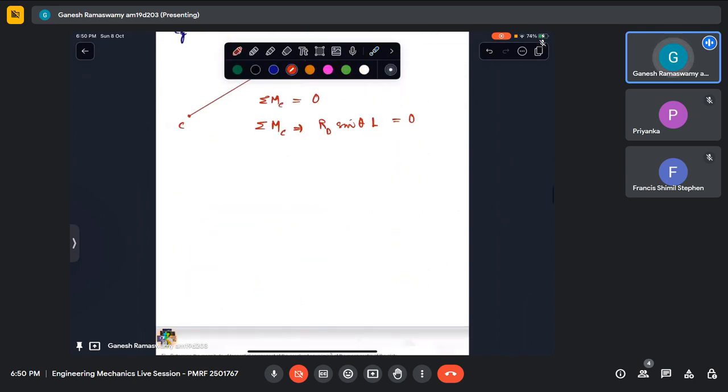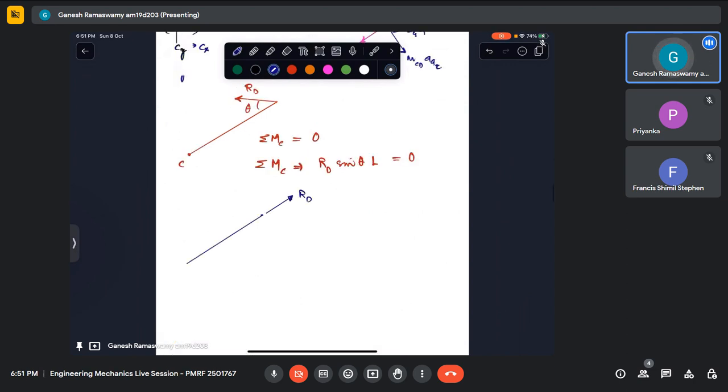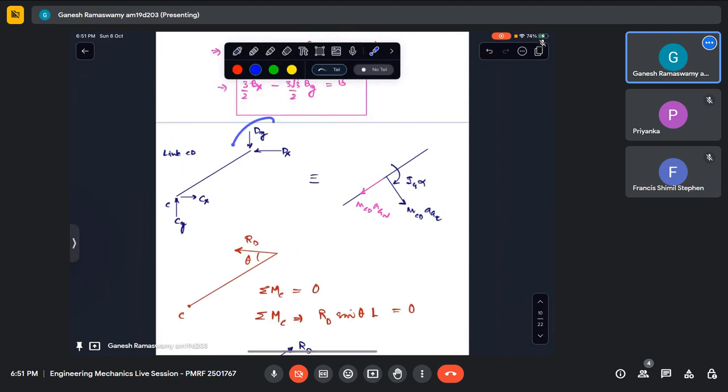In which case I know that I have forces like that. So this is R_D, the reaction at D, and we know this angle, so we can definitely resolve that into components.